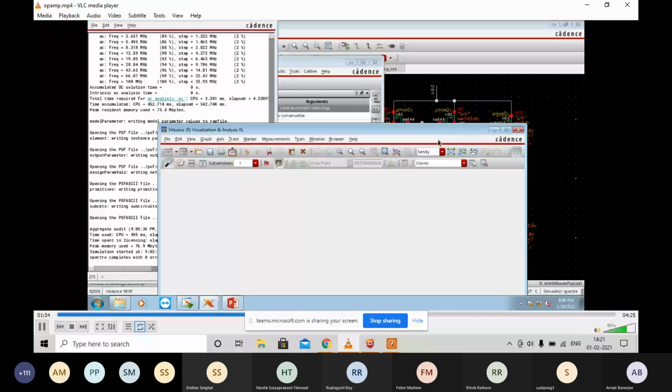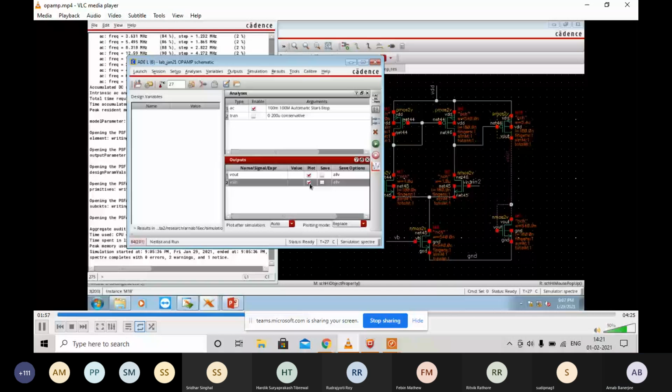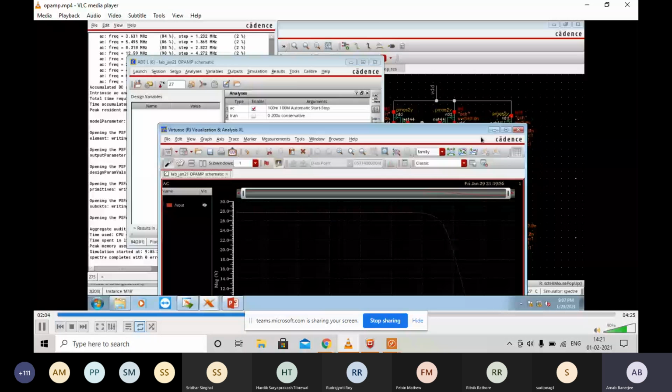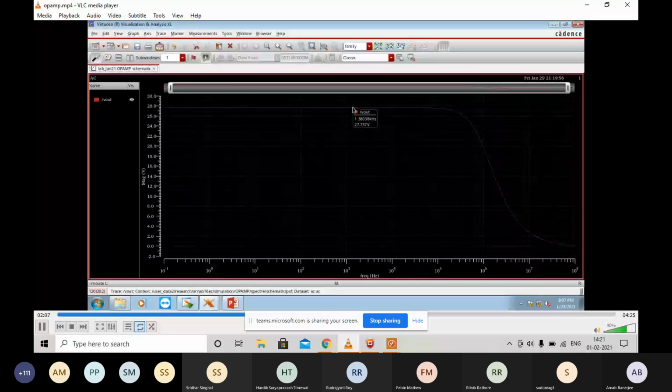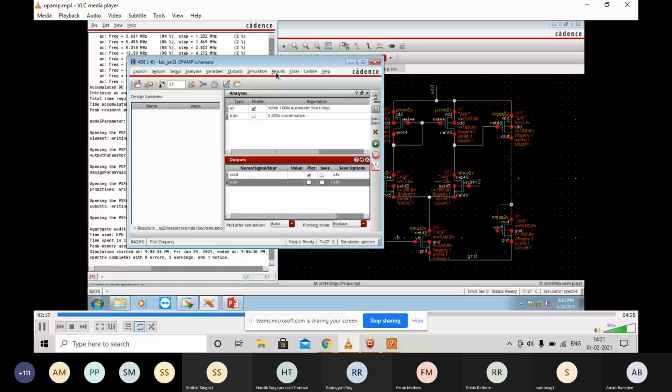So you're getting a gain of over 28 times. Like the previous one, you can see the gain and phase. Go to results, direct plot, AC gain and phase.